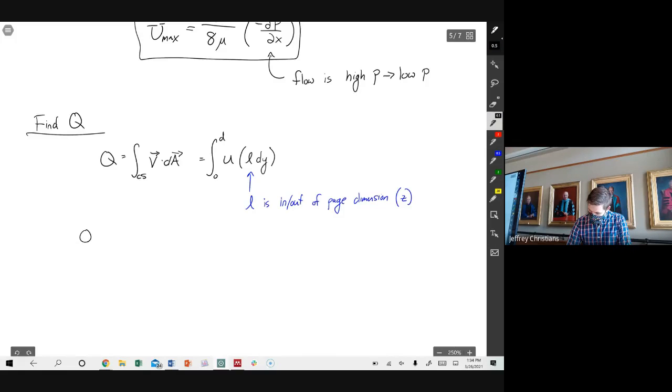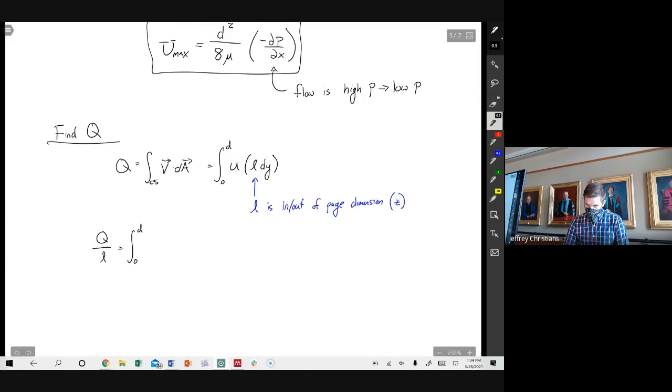So we can find Q over L, the integral from 0 to d of u, which is 1 over 2 mu dp dx, y squared over d squared minus y over d, that's u, times dy.